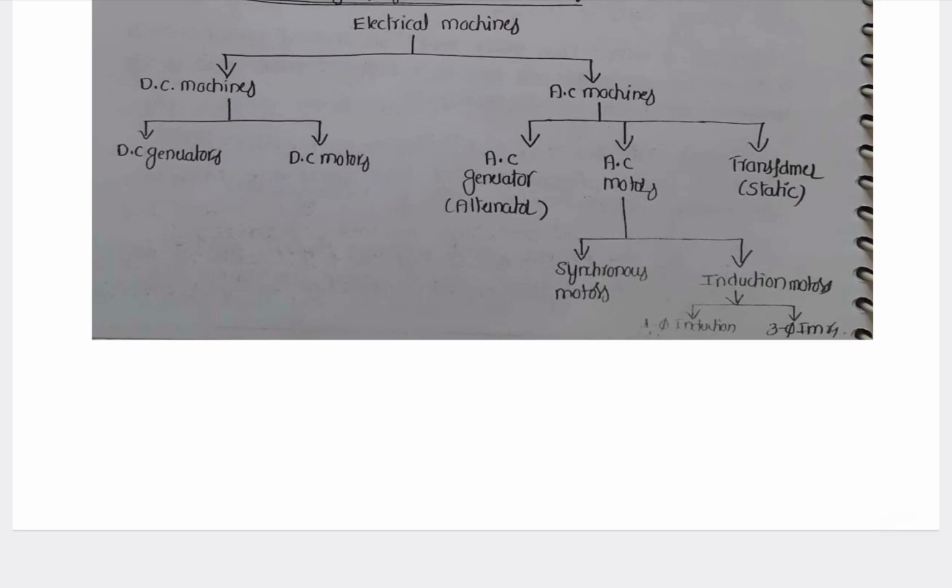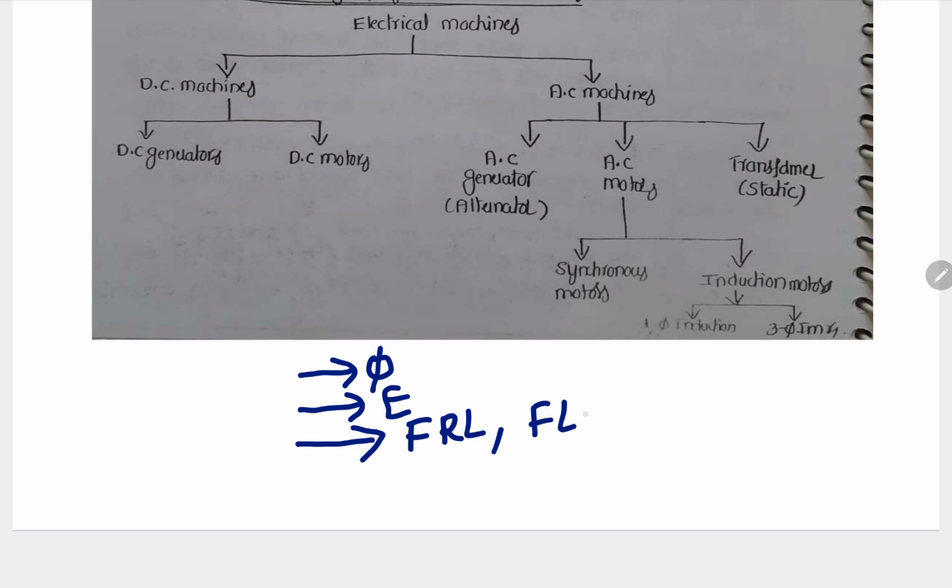What exactly we have discussed in this lecture, I'll give a quick glance here. First we discussed how the flux is developed. Then we discussed how the EMF is induced. To get an EMF we need a conductor, flux, and relative speed between the conductor and flux. We discussed how to determine the EMF direction and the flux direction, Fleming's right hand rule and Fleming's left hand rule, and the types of EMFs, statically induced EMF and dynamically induced EMF.